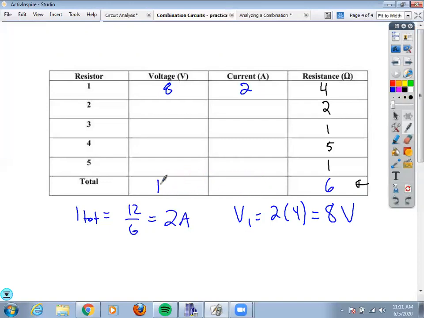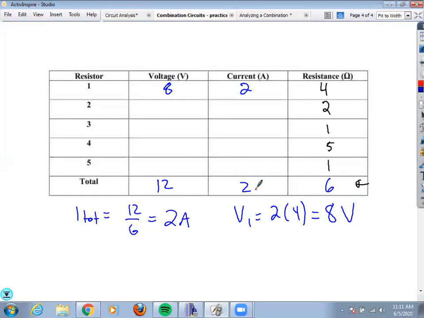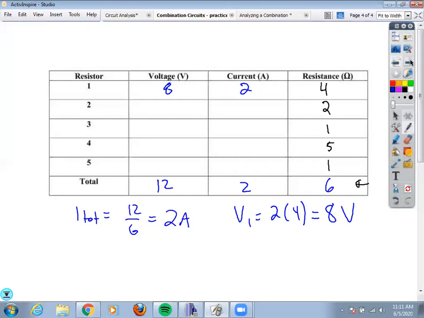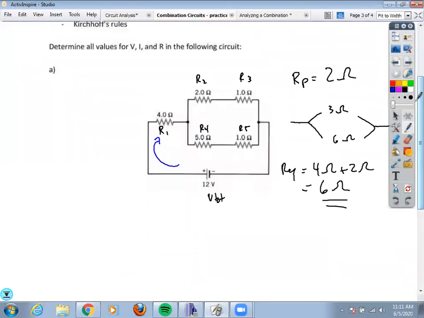Okay, 12 volts total and 2 amps that we calculated. That's better. So now we know that R1 uses 8 volts of the 12, so V parallel must use 4 because of the loop rule. 8 plus 4 is 12.